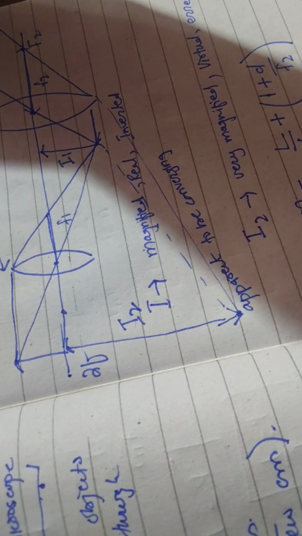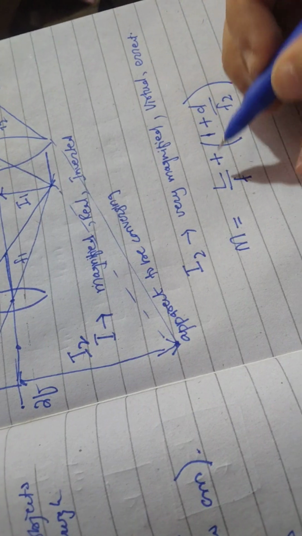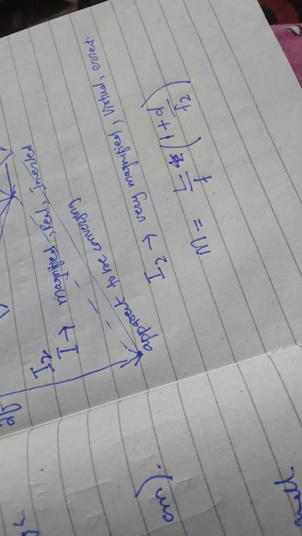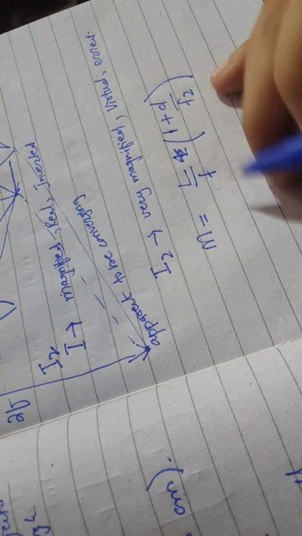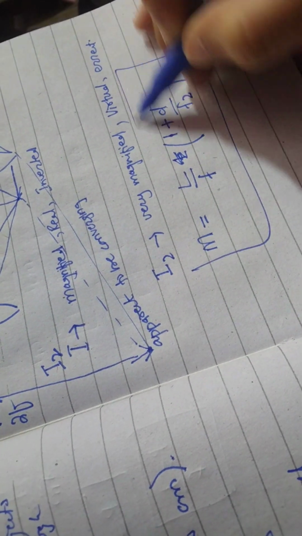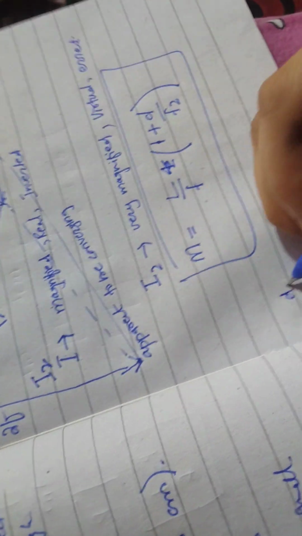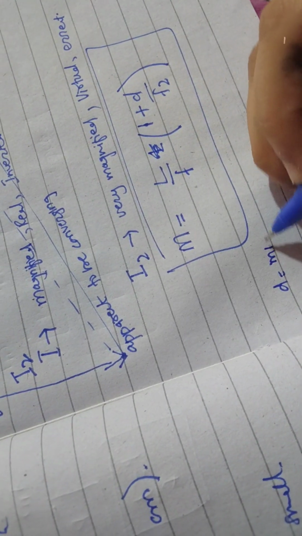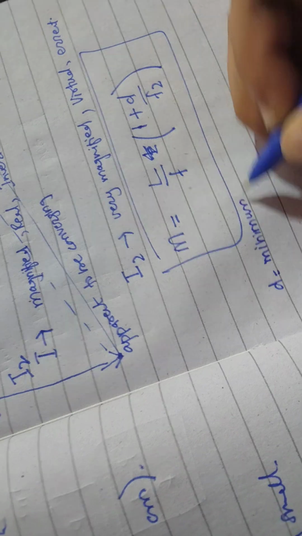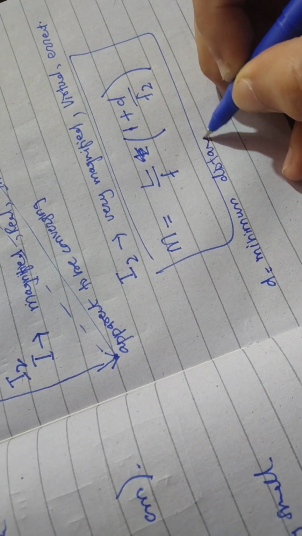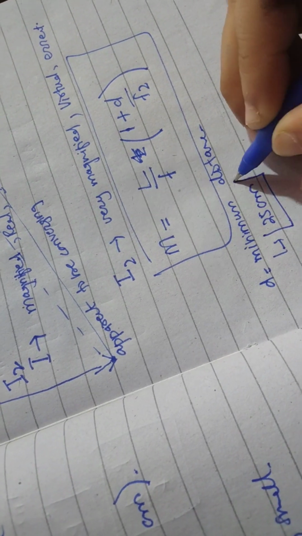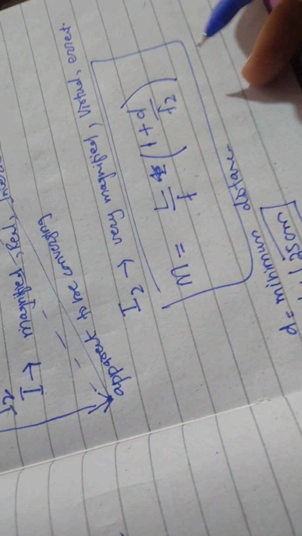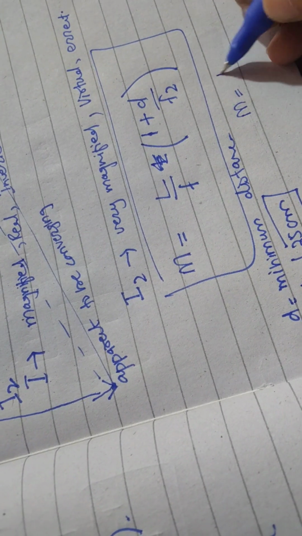Now you will wonder what is D. D is basically the minimum distance of distinct vision, and it is basically 25 centimeter. So you can write this formula as M is equal to L upon F1.